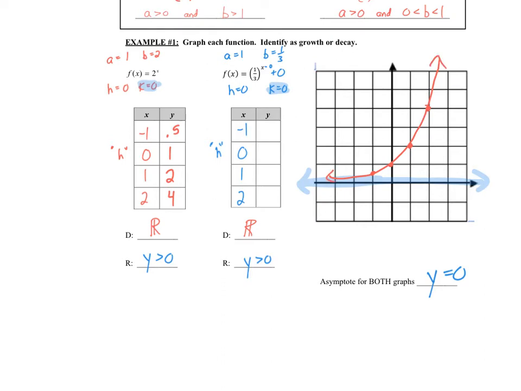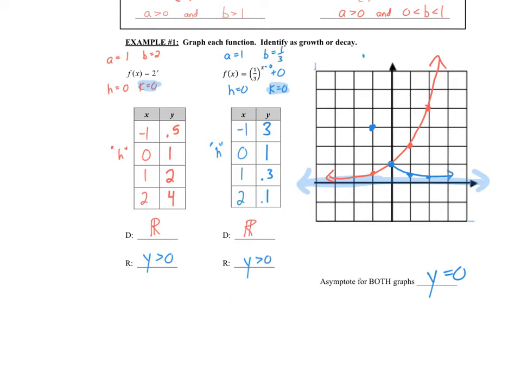And if you graph the one on the right, 1/3 to the negative first power is 3. 1/3 to the 0 power is 1. 1/3 to the first is 0.33, and 1/3 to the second is 0.11 repeated. So (-1, 3), (0, 1), (1, 0.33), and (2, 0.11). So this will be down really steep and flatten out.